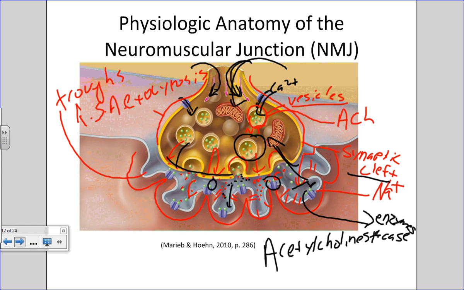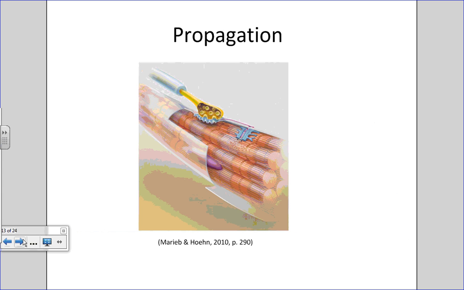All right, so now once we cause this local disturbance in the membrane potential of this area, once we depolarize this area, that signal has to propagate along the length of the muscle cell itself, as you can see the beginning of that here.